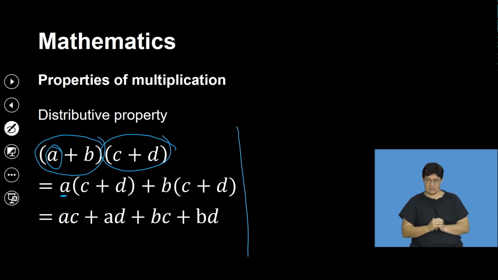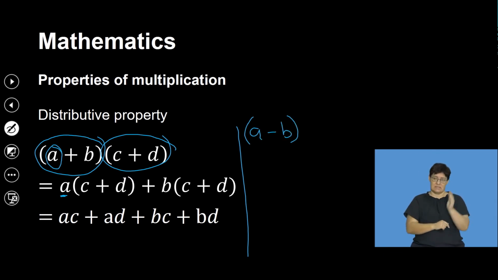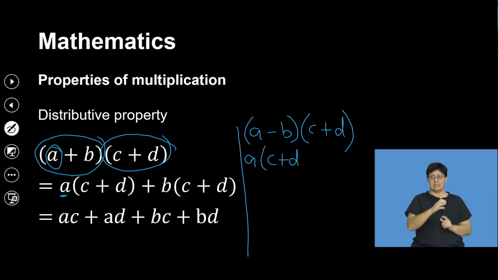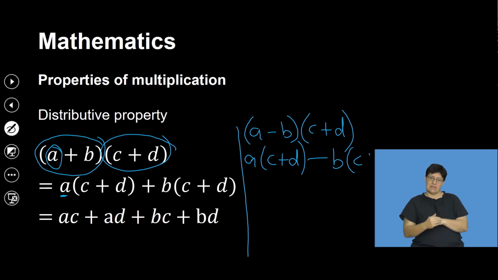Now if the sign between the two terms of the first binomial was minus, you would still maintain that. So if I had (a minus b)(c plus d), this will be a(c plus d), then minus b(c plus d). So I don't change the sign. You maintain the originality of that sign.